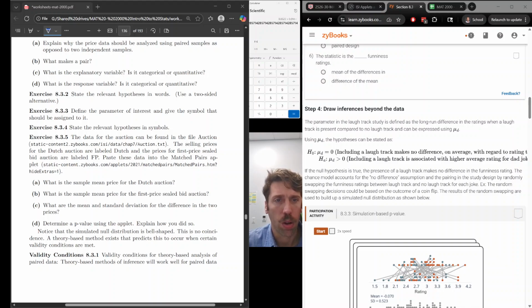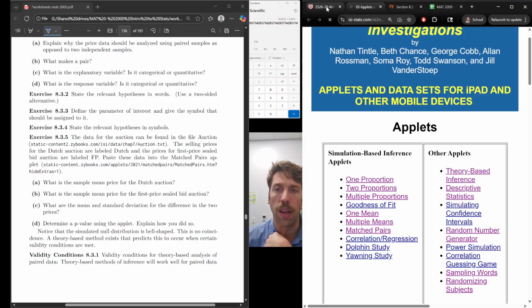Okay, so the data for the auction can be found in the file auction. The selling prices for the Dutch auction are labeled Dutch, and the prices of the first price sealed bid are labeled FP. Paste this data into the matched pairs applet. I have even better news for you. You just need to go to the applets link in Canvas, go to the matched pairs applet, which is right here.